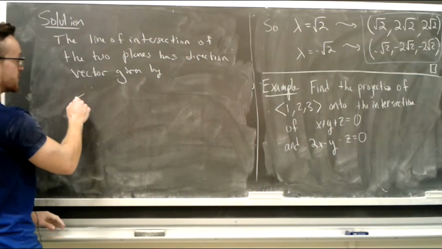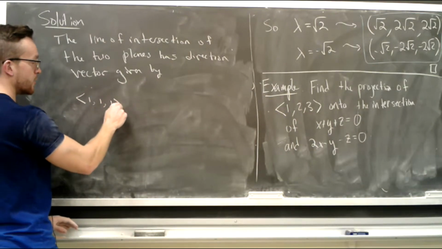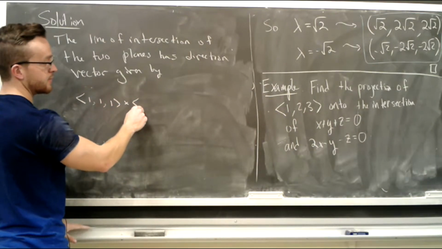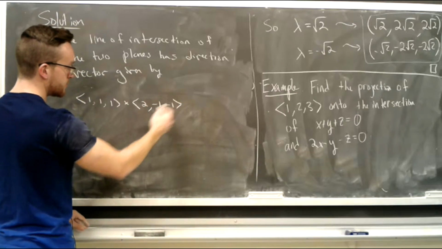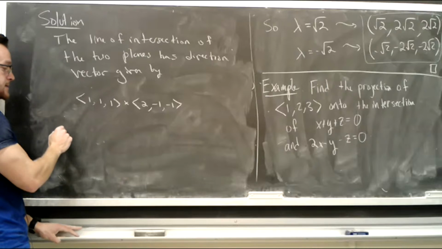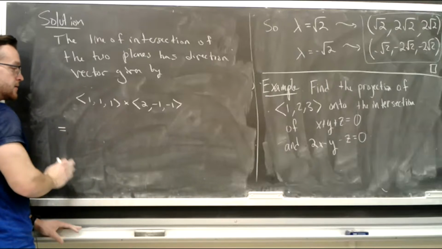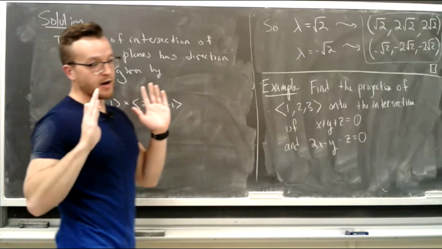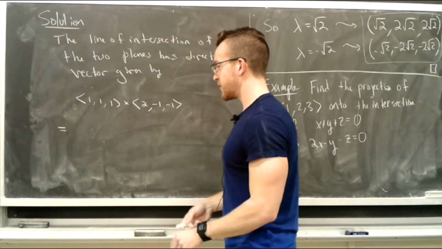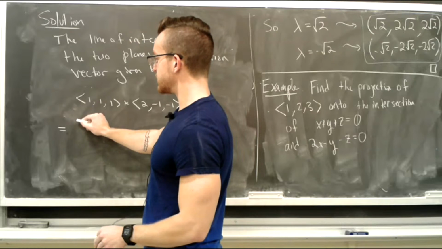So this would be the vector 1, 1, 1 cross 2, negative 1, negative 1. And so now we just have to compute a cross product. As usual, I don't care how you compute the cross product as long as you do it correctly.